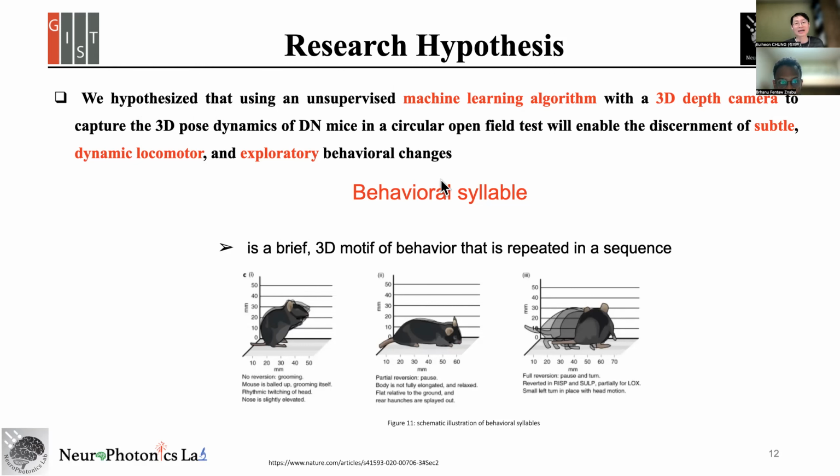People do not like to read the whole sentence. Hypothesis: unsupervised learning with a 3D depth camera in a circular open field will enable subtle dynamic locomotion.